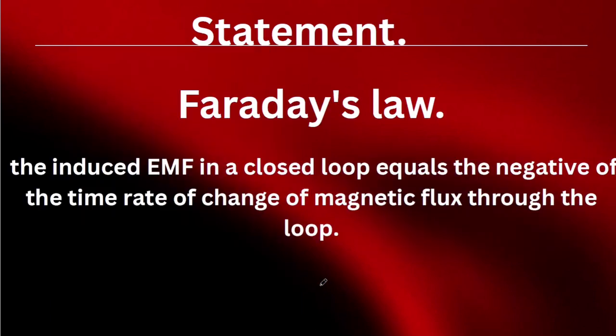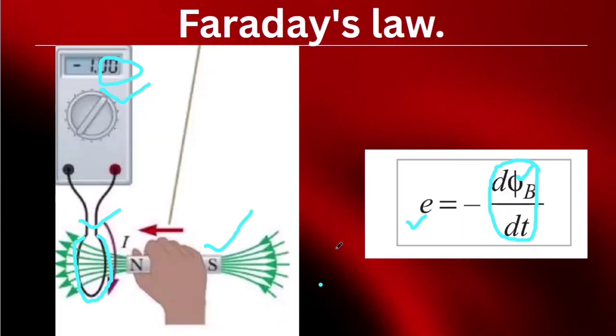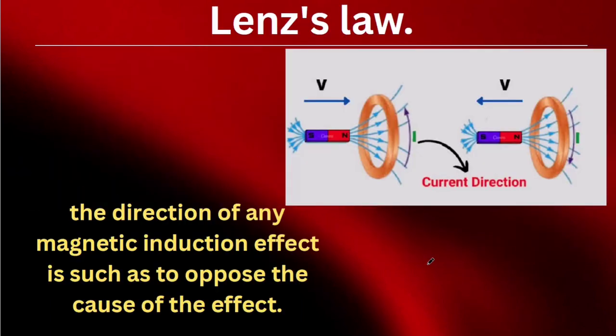Now the statement: the induced EMF in a closed loop equals the negative of the time rate of change of magnetic flux through the loop. This is Faraday's law, and this is the mathematical form: E equals negative d phi B by dt. Now we will study this negative sign in detail in Lenz's law, right?